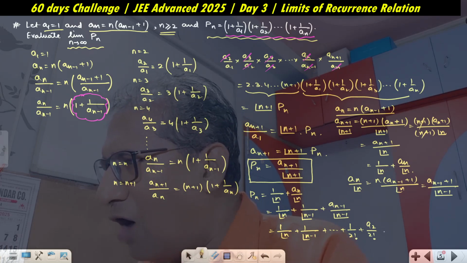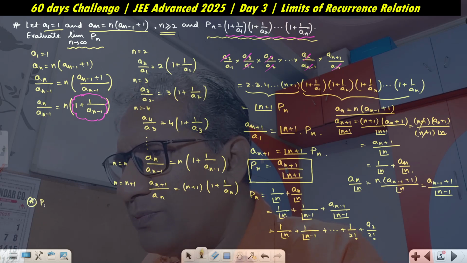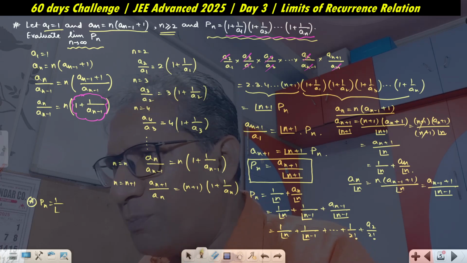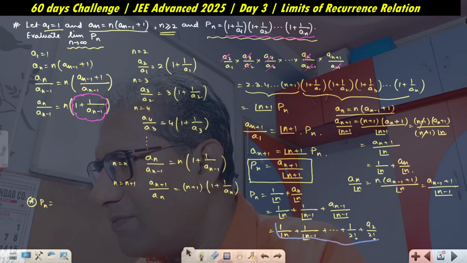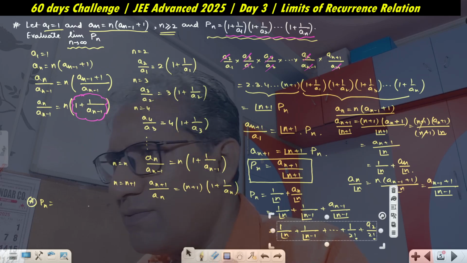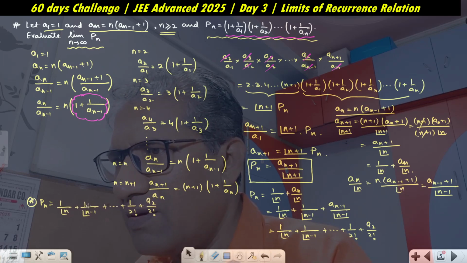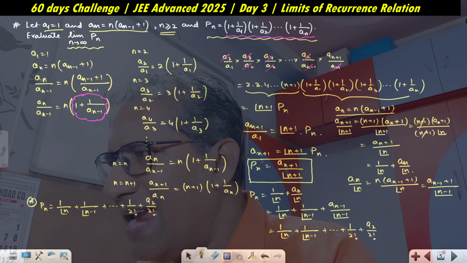Now again, how will you write a2? Let me just copy this one, otherwise every time I have to write so much. So we are actually having this thing. So this a2 can be written as what?